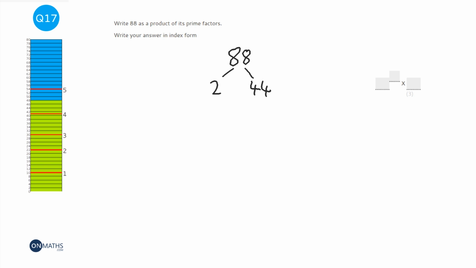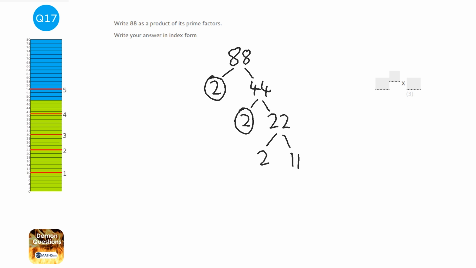Now whenever we get to a prime number, we always circle it, because that's finished. So 44. Get another 2 out of that, so 2 and 22, 2 and 11. Now 11 is also a prime number, and when you're left with just prime numbers, then you write your answer out like this.